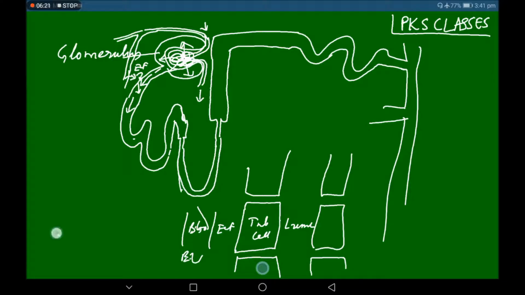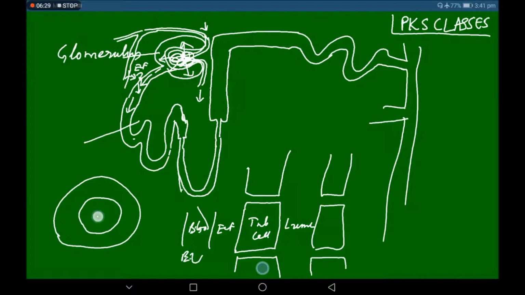If we take a cross section of this, inside there is urine, so this is your lumen, and this is surrounded by tubular cells, and here we have the blood vessels, with the extracellular fluid, and this is the tubular cell.